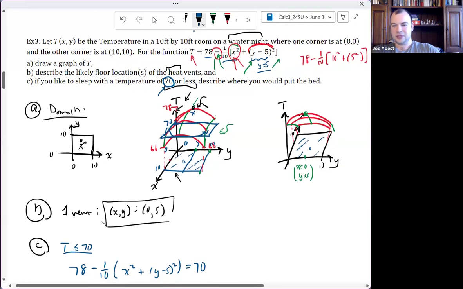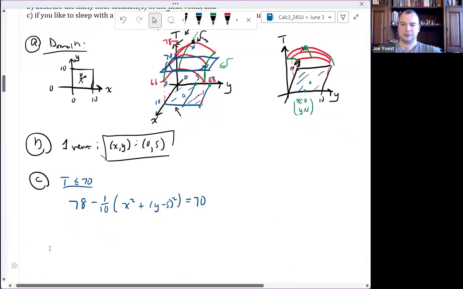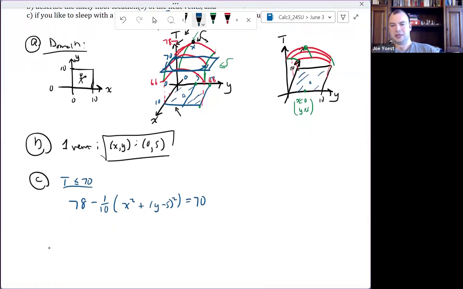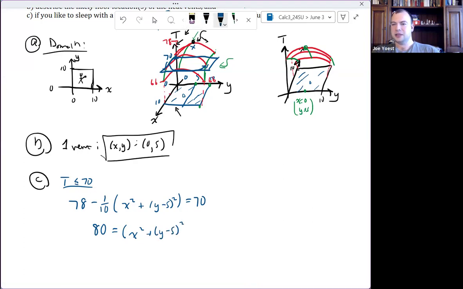And then we'll just use common sense or an argument from this geometric picture up here for which side we should be on. So I can subtract the 1/10 times stuff over, subtract the 70 over, and I get 8 times 10 is x squared plus y minus 5 squared.